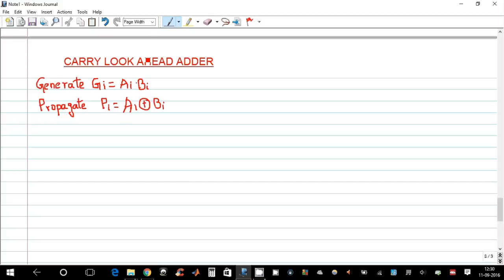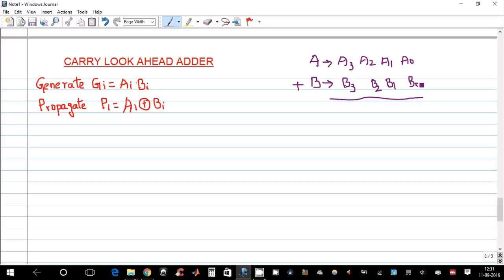So basically we are looking at the addition of two numbers, let us say A and B. A is represented in terms of bits as A3, A2, A1, A0, and B is represented as B3, B2, B1 and B0.